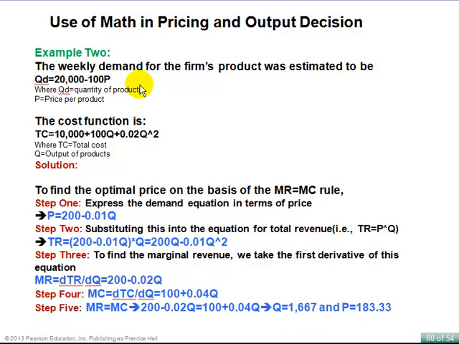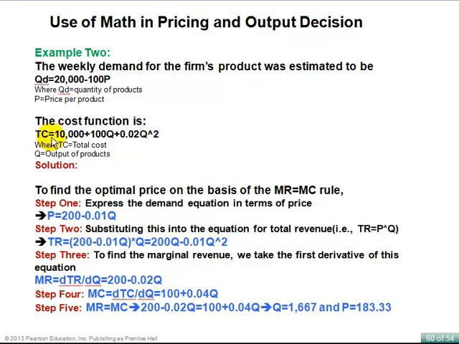Example 2. Let's assume the weekly demand for a firm's product was estimated to be Q sub D equal to 20,000 minus 100 P. So here the QD is the quantity of products and the P is the price per product. The cost function is total cost. TC is 10,000 plus 100 Q plus 0.02 Q square.